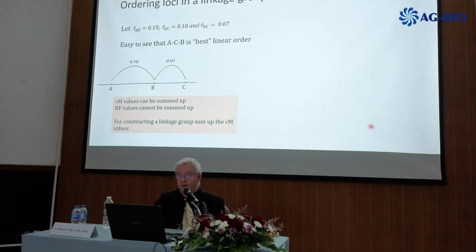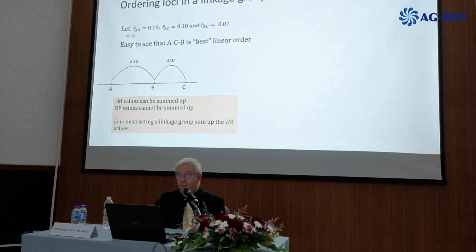Okay, now from the geneticist, because the geneticist in general will not look in the microscope to see the number of crossover events. We take the theoretical situation in which we have three loci, A, B, and C, and the estimated recombination between A and B is 0.15, between A and C is 0.2, and between B and C is 0.07.